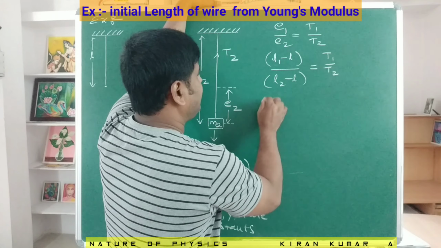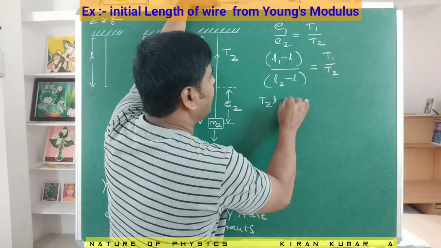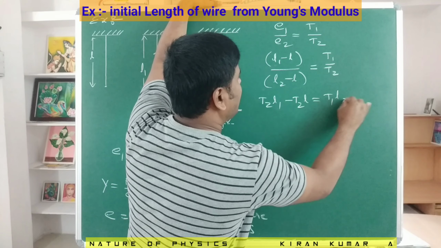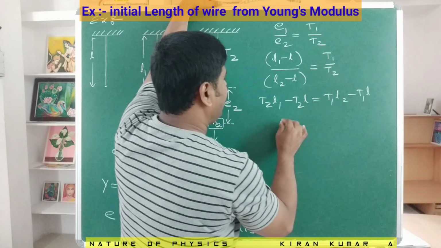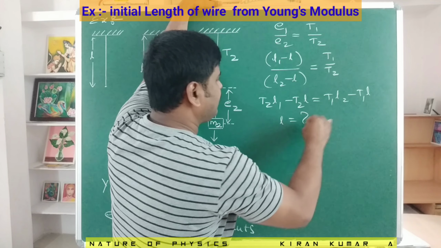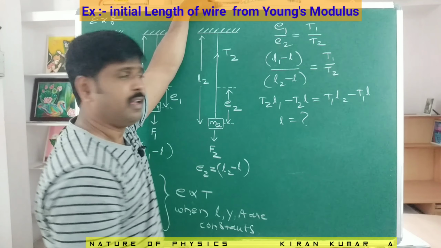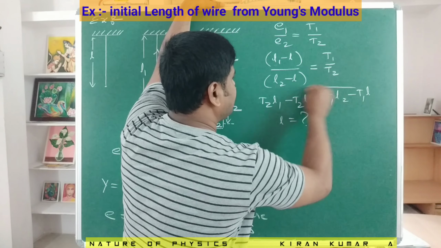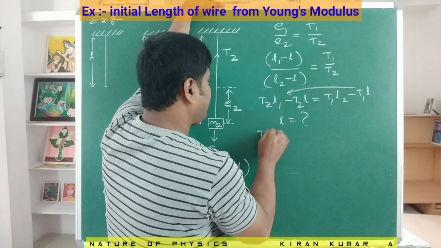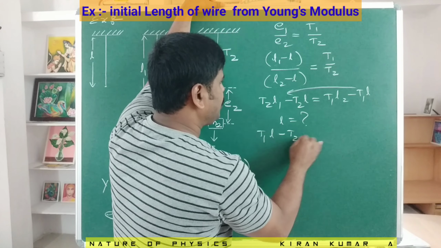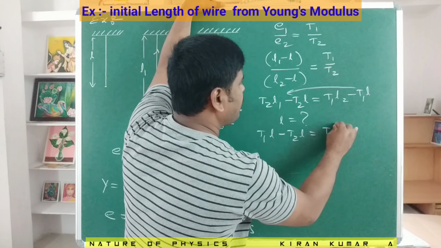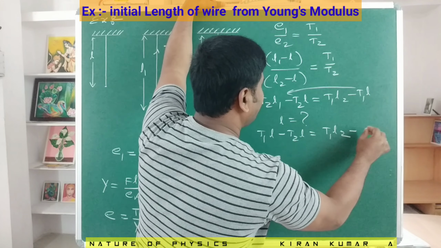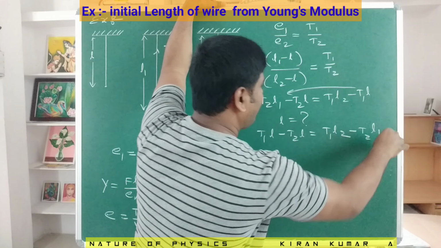Cross multiplication: T2 L1 minus T2 L is equal to T1 L2 minus T1 L. I want to find the initial length L. Rearranging this equation, T1 L minus T2 L is equal to T1 L2 minus T2 L1.